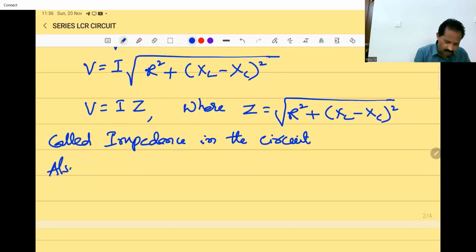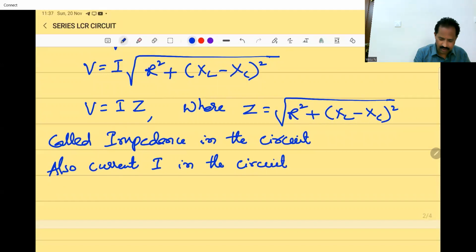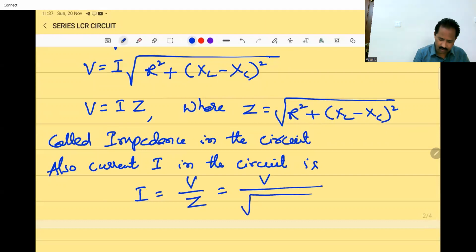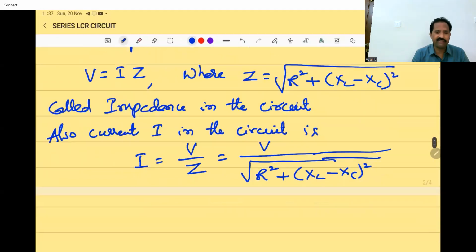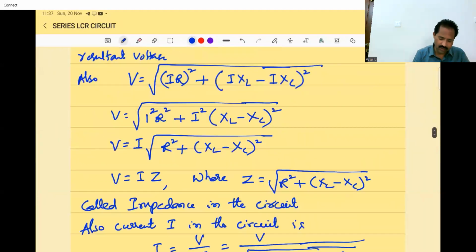The current I in the circuit, I can write like this: I is equal to V by Z, or V by root of R square plus XL minus XC whole square. From this equation we can find out the current in the circuit. Okay? So you should do this derivation.